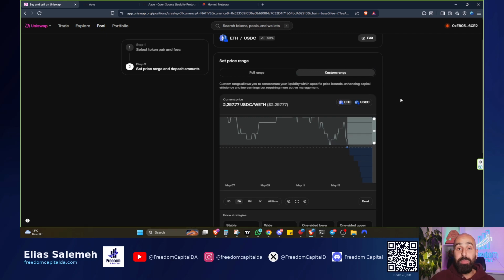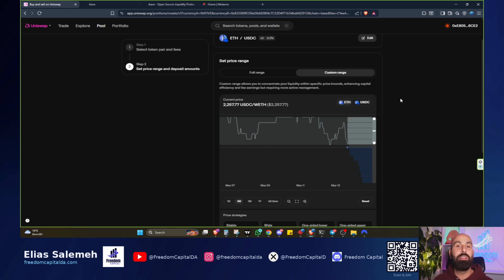So if I'm deploying single-sided liquidity to the upside, as the price of Ethereum keeps going higher, it will automatically start swapping my Ethereum for USDC. So this is why some traders trade using single-sided liquidity.